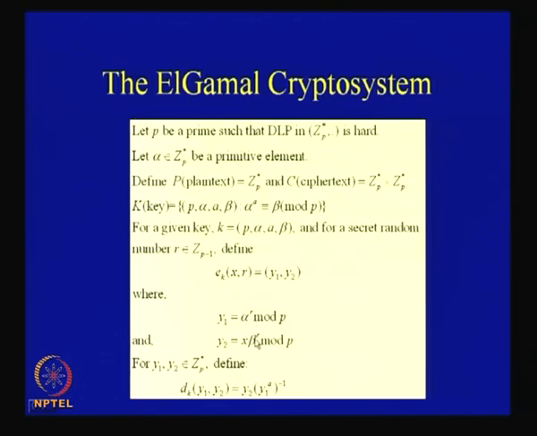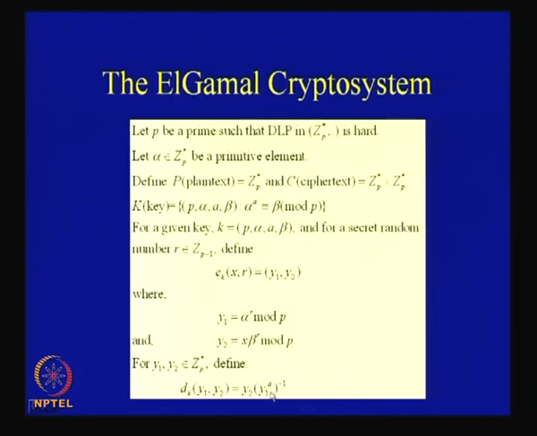These two things are transferred to the receiver, who has the knowledge of the value of A. The receiver raises y1, the first part, to A, which is a secret, and computes alpha power of A r, which is nothing but beta power of r. So the receiver can now compute the inverse of beta power of r, multiply it with y2, and retrieve the value of x.